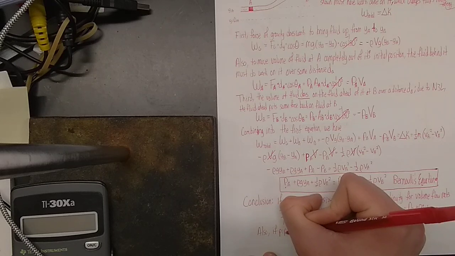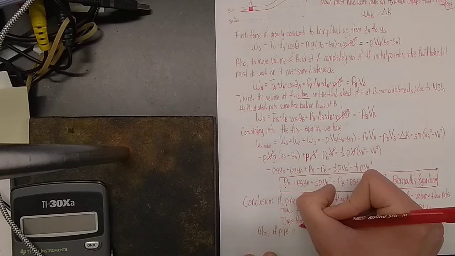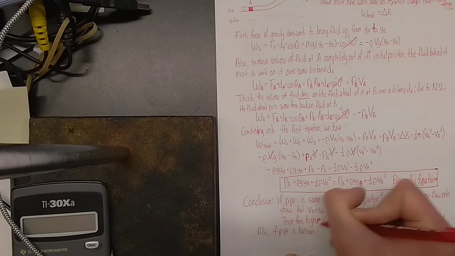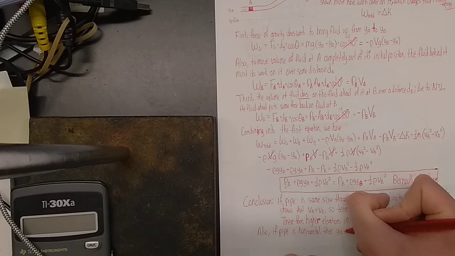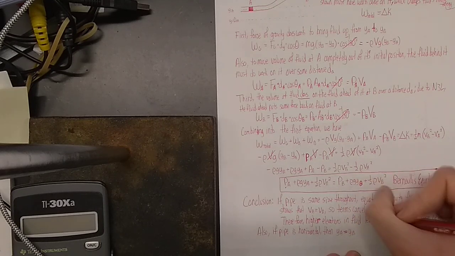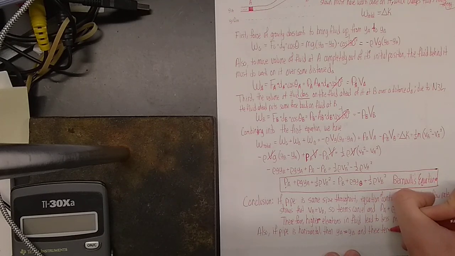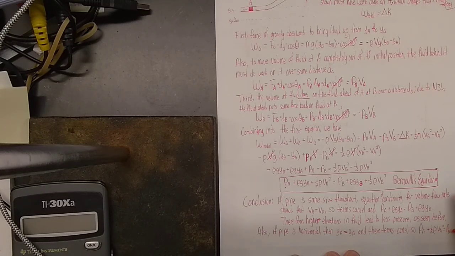If instead we have a pipe that is horizontal, then in that case, YA is equal to YB. And these terms cancel. So PA plus 1/2 rho VA squared equals PB plus 1/2 rho VB squared.